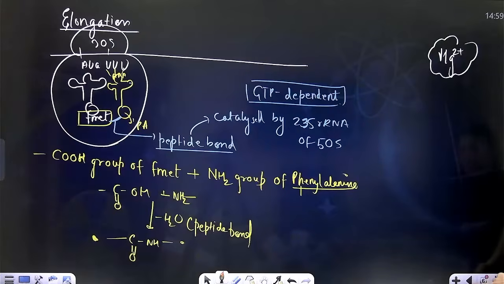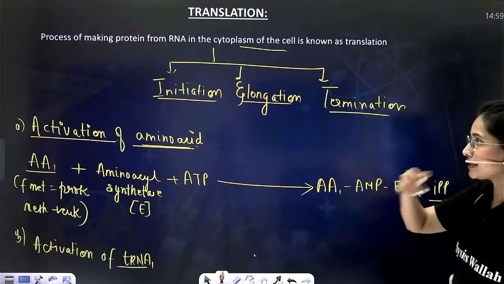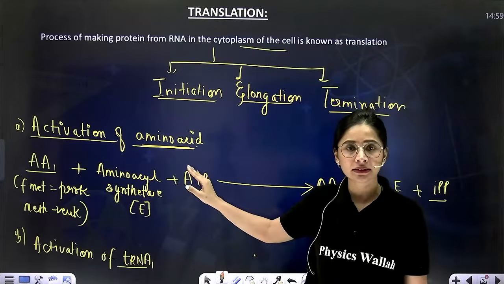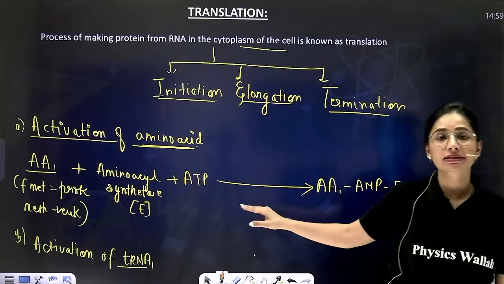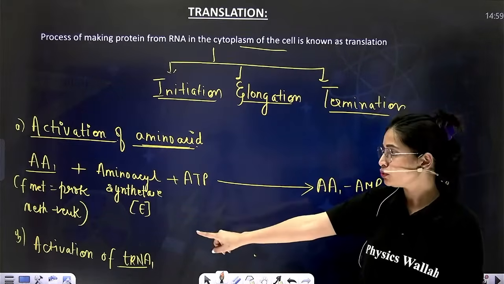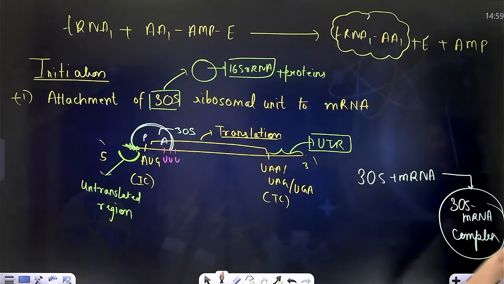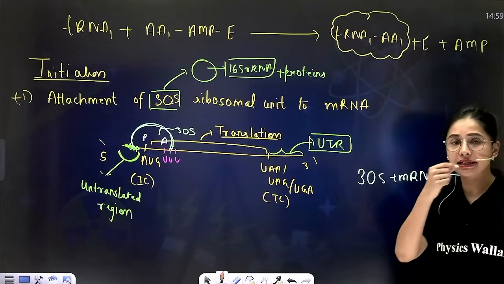Let me just tell you once again what is happening overall. The first step in translation is activation of the amino acid, which is done in the presence of the enzyme aminoacyl synthetase. This activated amino acid then moves to the tRNA, so that the tRNA can also be activated. Then starts the first process, which is initiation.